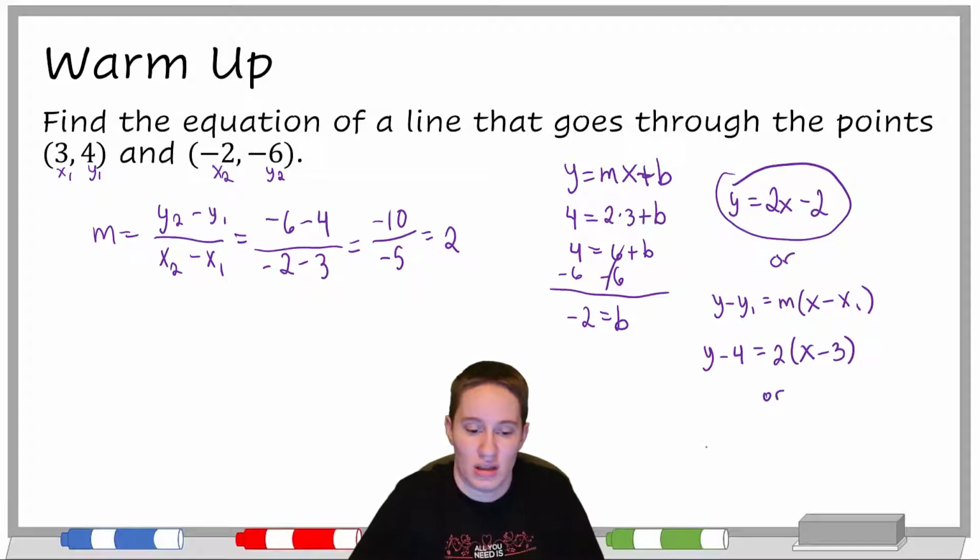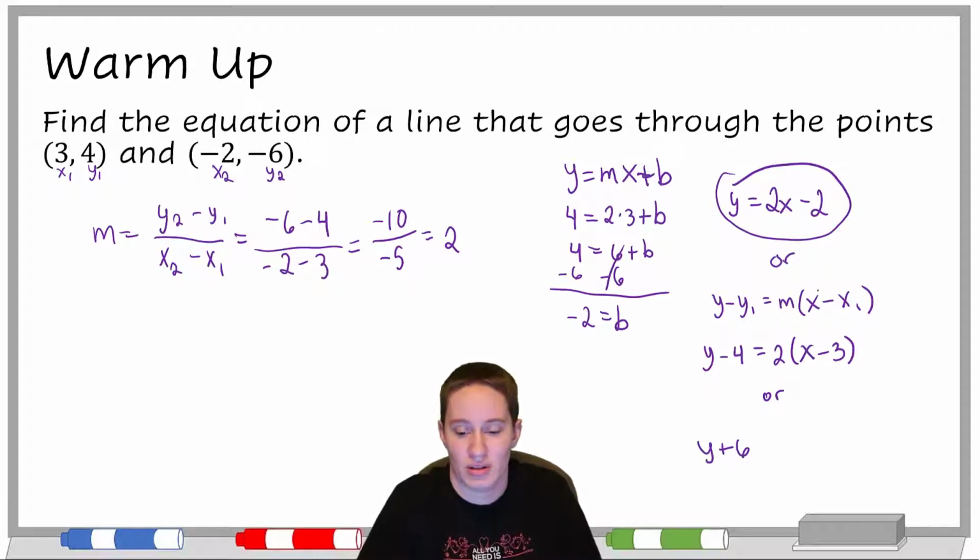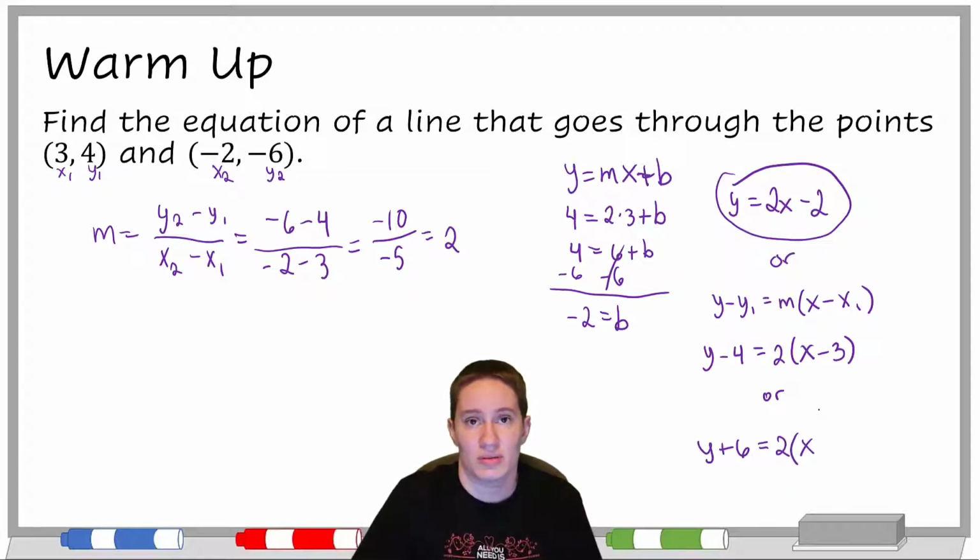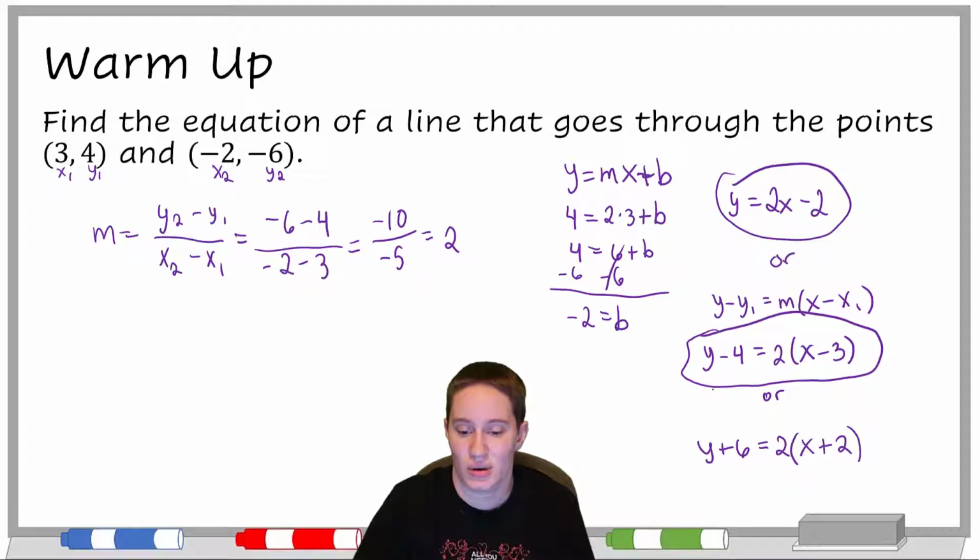And if we did the other point, we'd do y plus 6. Remember the minuses in our formula make it change to plus. So y plus 6 equals 2 times x plus 2. Okay, so you would not be required to write all of these answers based on what our instructions say, but you would need to write one of them.